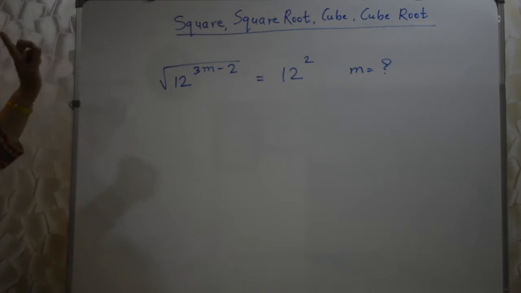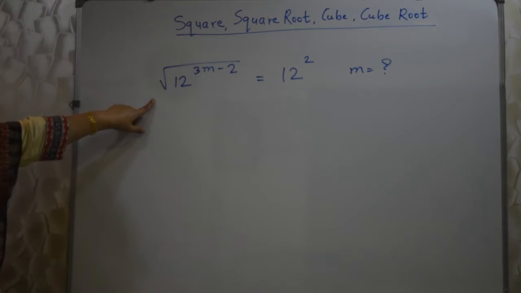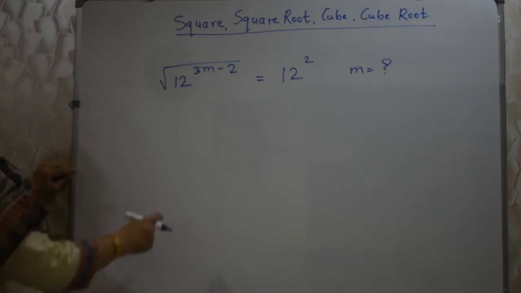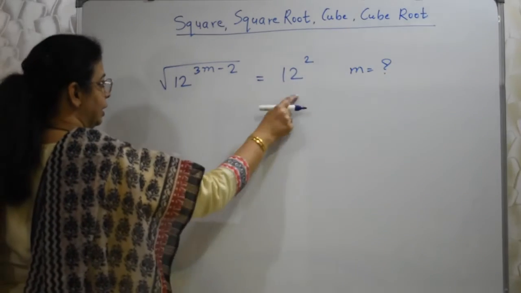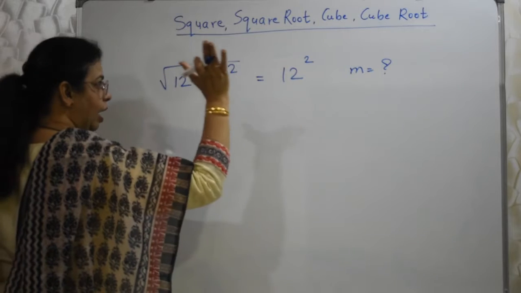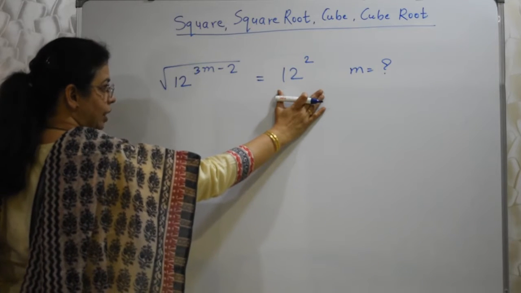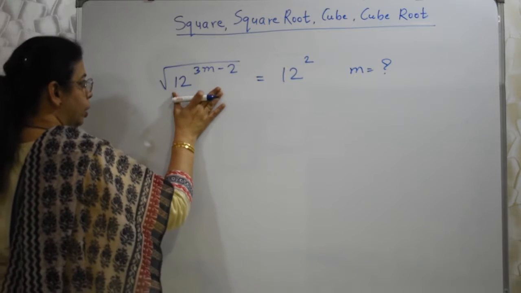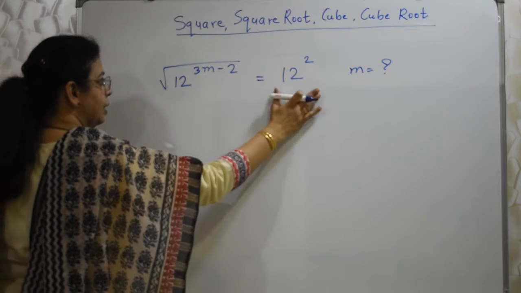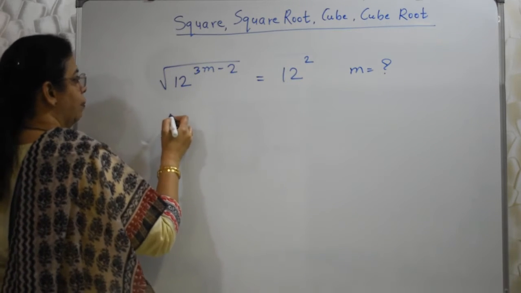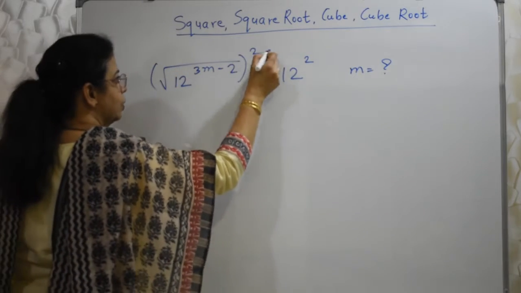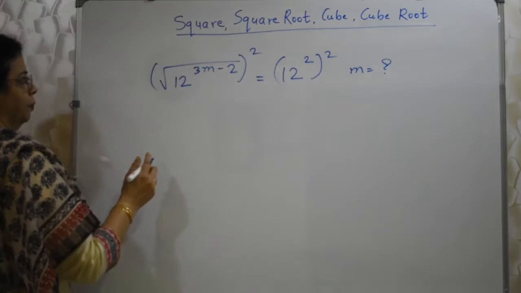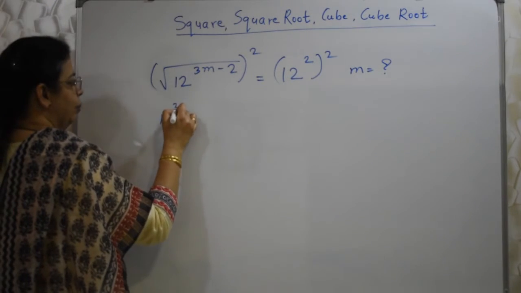See, the first thing you can do is remove this square root sign. How can you do that? By squaring both the sides. If I am squaring this side, I have to do the same treatment here, otherwise my equation will change. I cannot afford to do that. So, इसका स्क्वायर करें, इसका भी स्क्वायर करें. Why? Because I want to remove this sign. Then my next thing will be this.